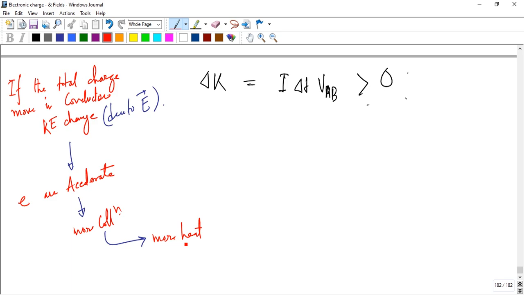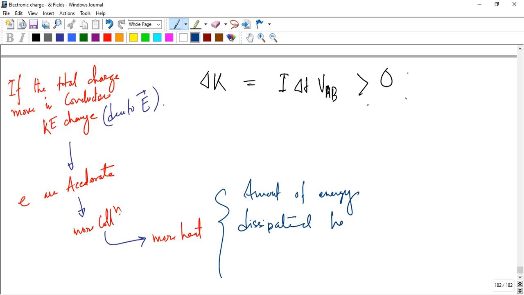So finally, the conclusion is that the amount of energy is dissipated in the form of heat energy.